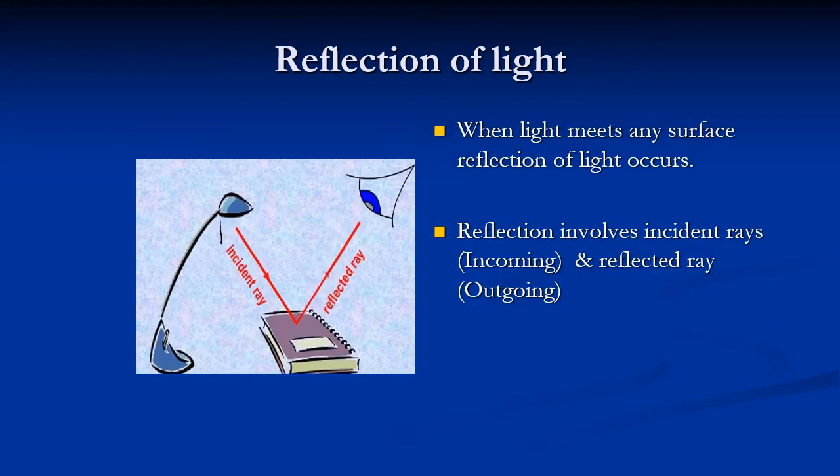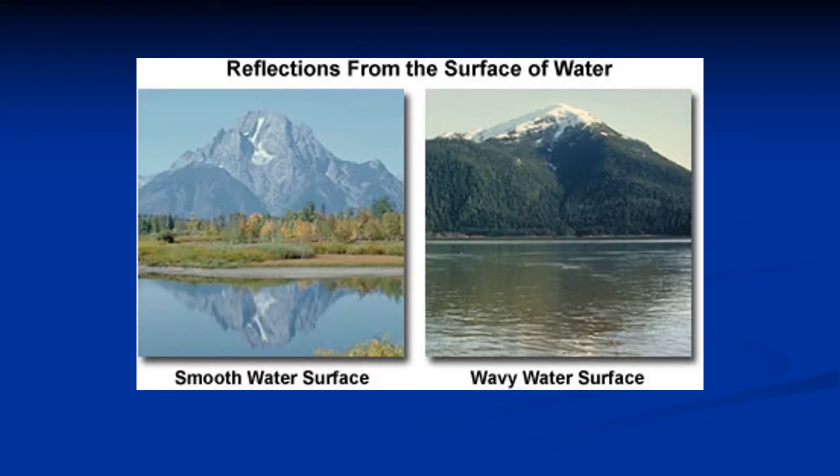When light meets any surface, a reflection of light occurs. These are the reflections from the surface. If the surface of water is smooth, you get a crystal clear reflection, and if there is a wavy water surface, the reflection of the object is not of good quality.